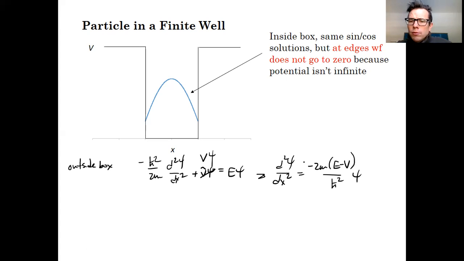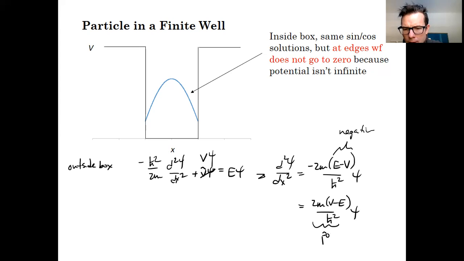Recall, or what's sort of assumed in this problem, is that the energy of the system is less than the potential. There is a greater potential so that it's confined inside the box. So this quantity is negative. Negative times a negative is a positive. So this whole thing is positive.